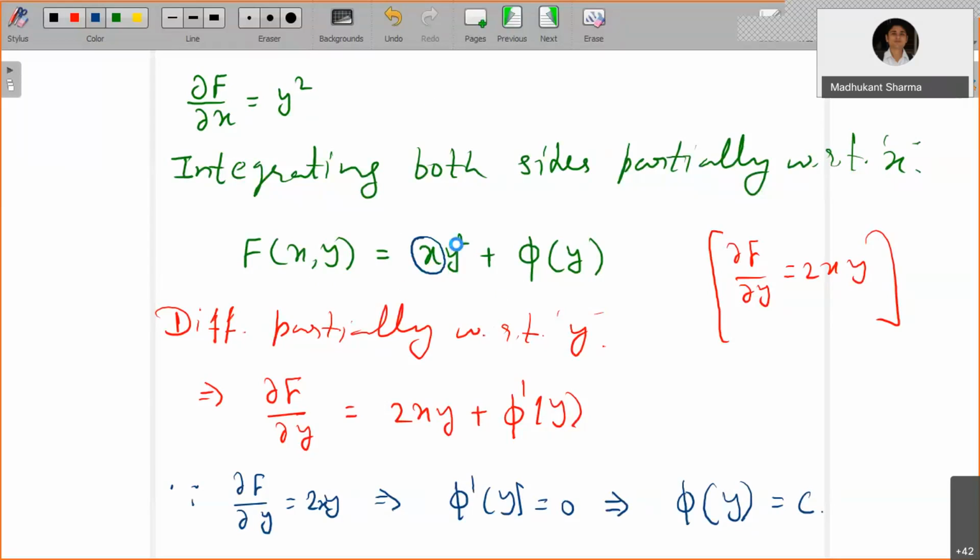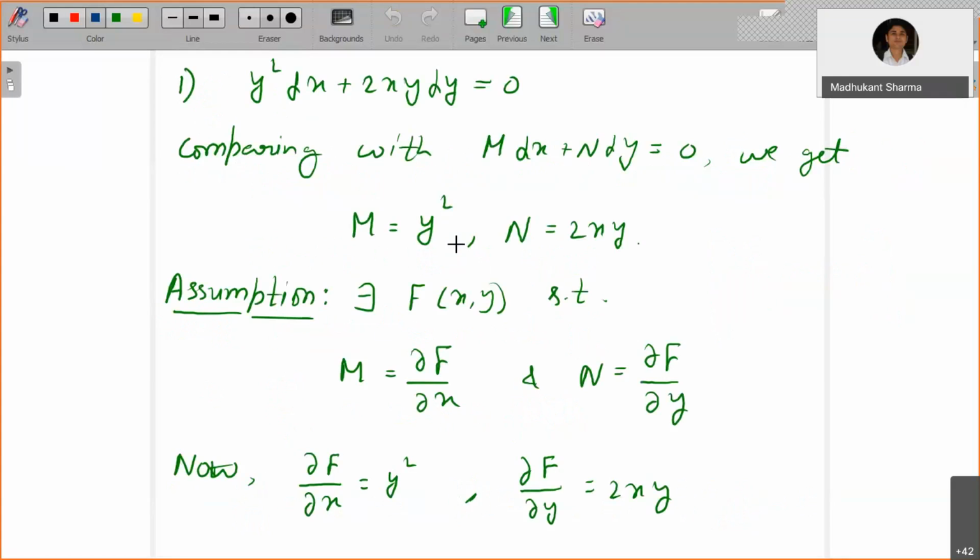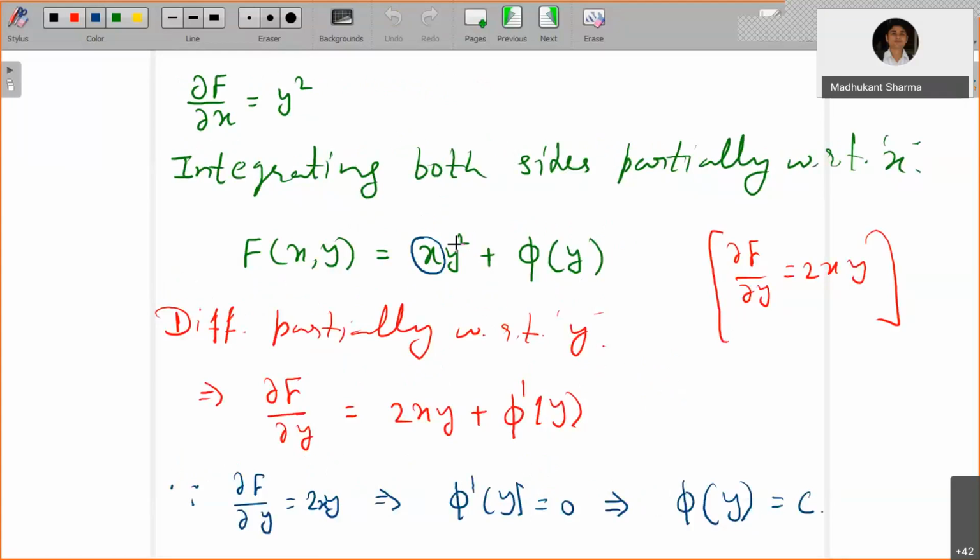Sir, in the first time you write ∂F/∂y is equal to 2xy, and then you write 2xy plus φ'(y). I can't understand that. No, no. This ∂F/∂y is coming from here.